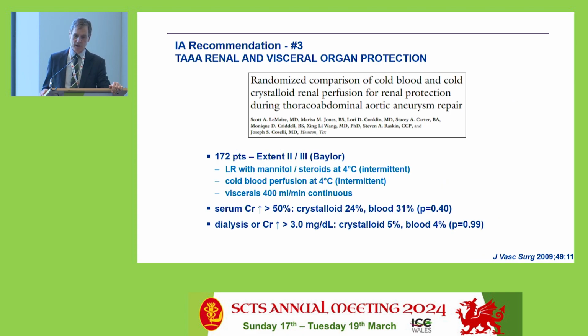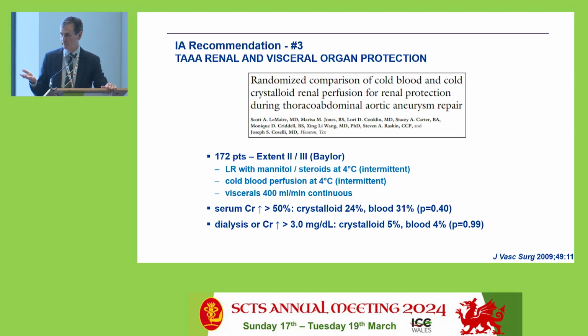Then there was next a randomized controlled trial of cold blood versus cold crystalloid. This one involved 172 patients, over a longer period of time. This one used cold blood, but it was used intermittently. And if you look at the number for the viscerals, they were giving the viscerals 400 milliliters a minute, whereas remember, prior, they were giving the viscerals and the kidneys 400 milliliters a minute.